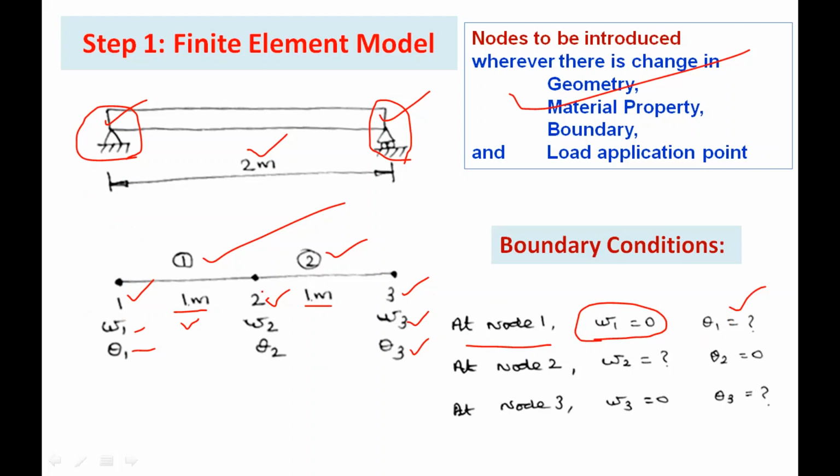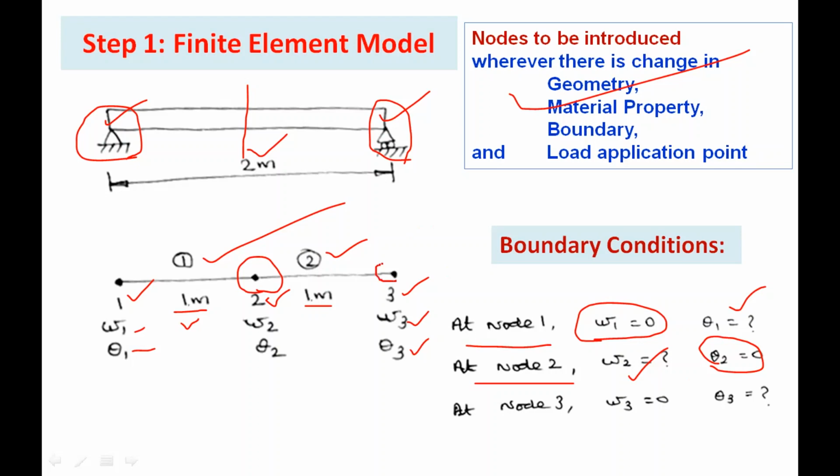Then node 2 is exactly the middle of the beam. We know that for a simply supported beam, at the midspan only we will get the maximum deflection. At the maximum deflection, we know that slope is 0. So that means at node 2, midspan, W2 will be there, the maximum deflection, but theta 2 will be 0.